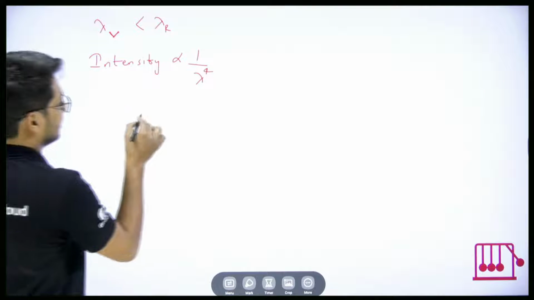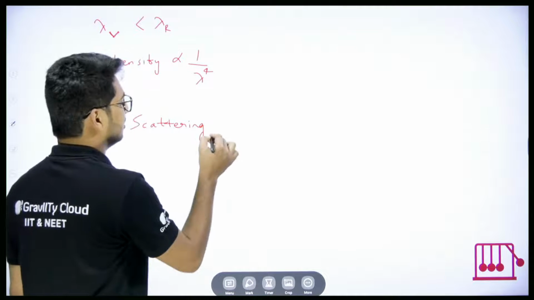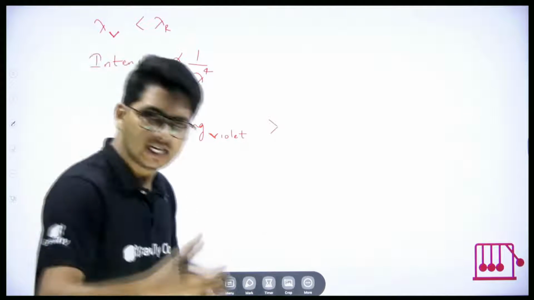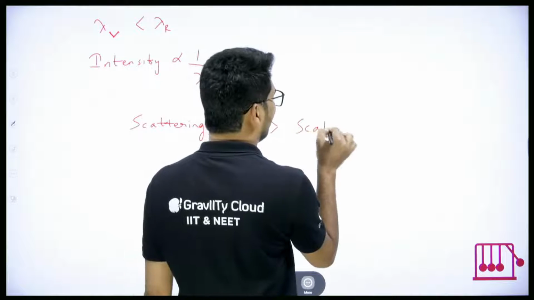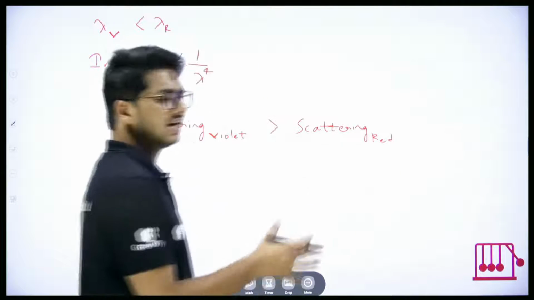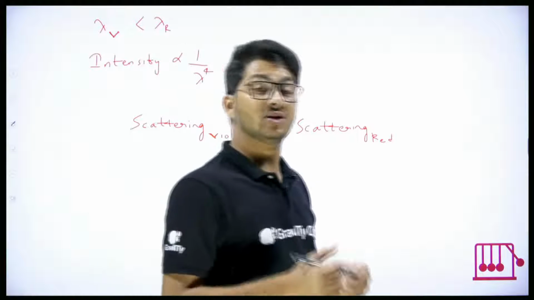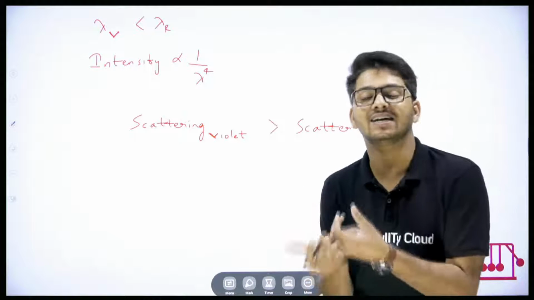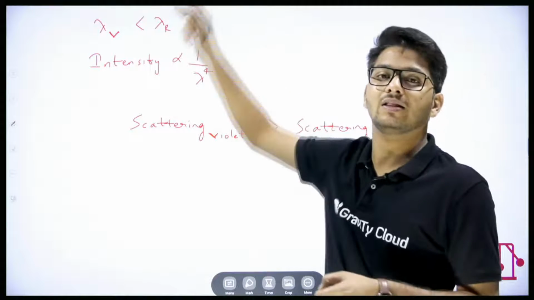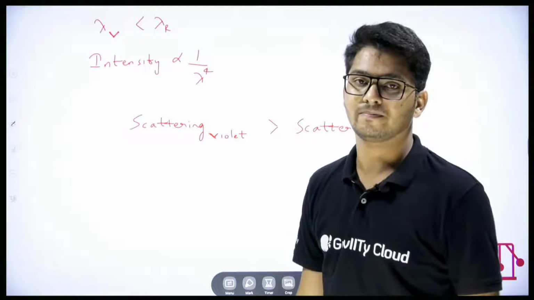In simple terms, scattering of violet light will be much greater than scattering of red. Whichever has the shortest wavelength will be scattered the most. That's why I told you it's important to remember the relation of wavelengths between all the colors.